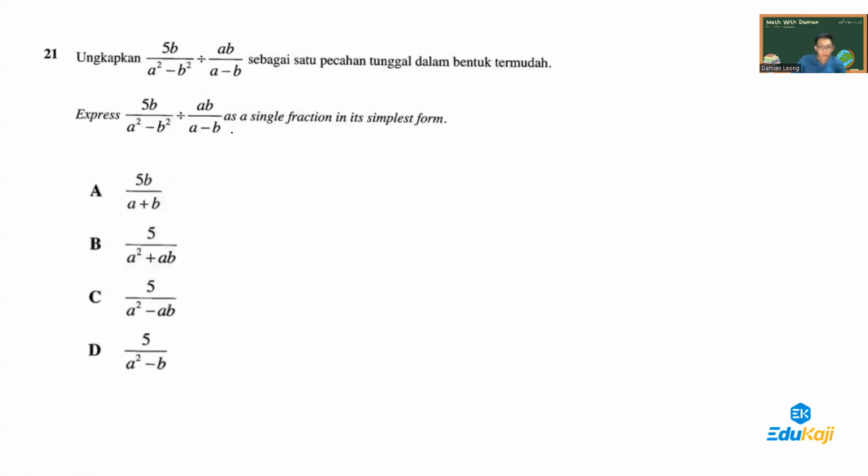Question 21. Express this as a single fraction in simplest form. So 5b over a squared minus b squared. Make sure you remember, you can factorize into 1 bracket plus, 1 bracket minus. Divide, I change to times. Then flip the fraction around. a minus b over ab.